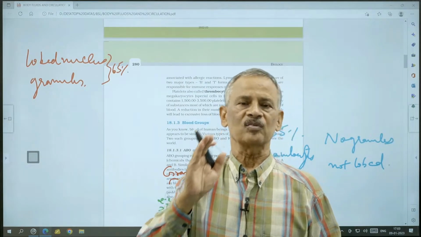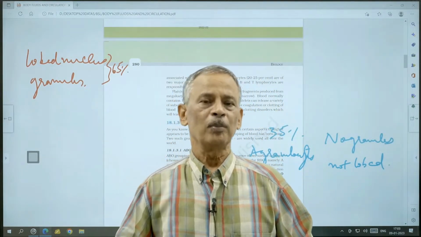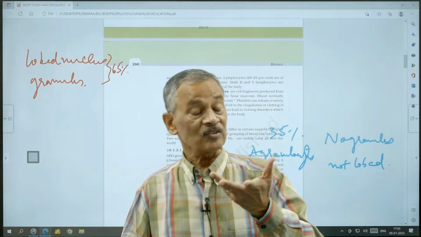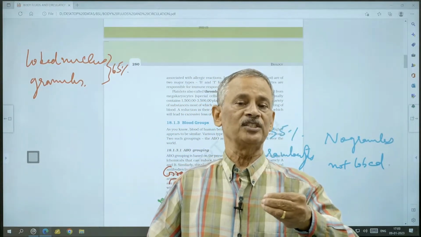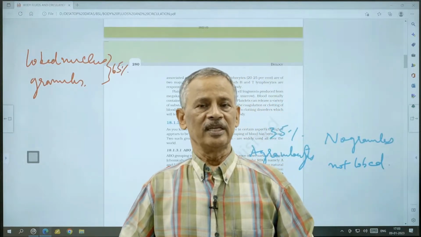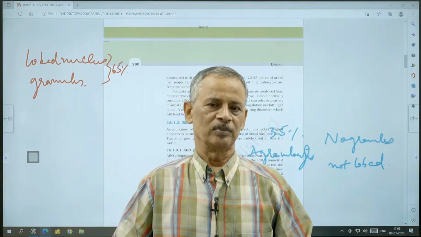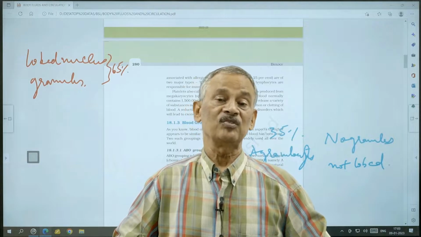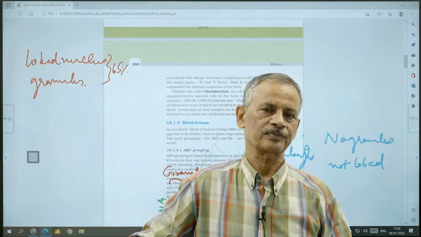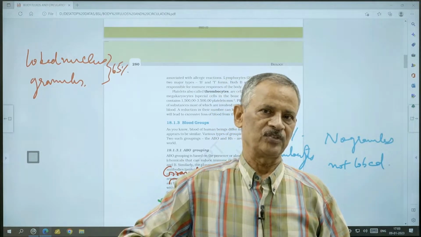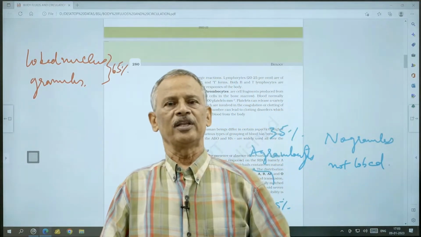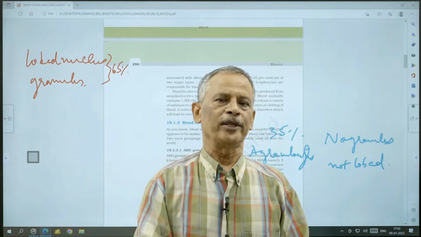We are all classifying persons into blood group. What is a blood group? A group of persons having the same type of antigen on their RBC is constituting a blood group. It's a group of persons have the same type of antigens. Antigens are present on the surface of RBC. Correspondingly, there's a counter molecule.